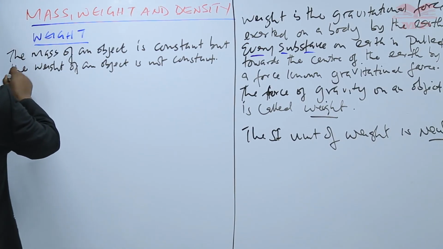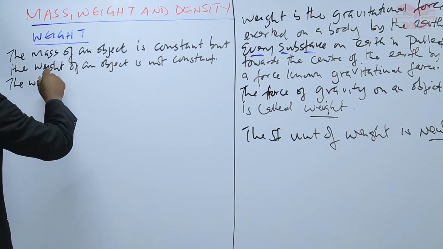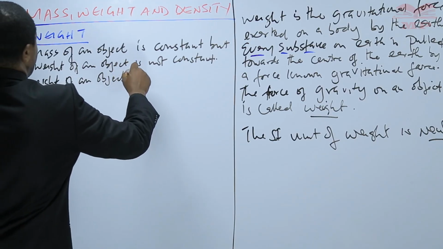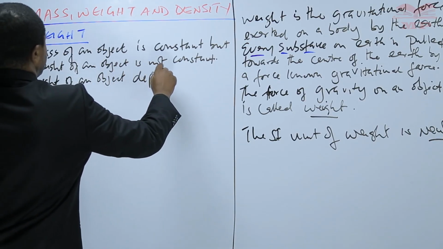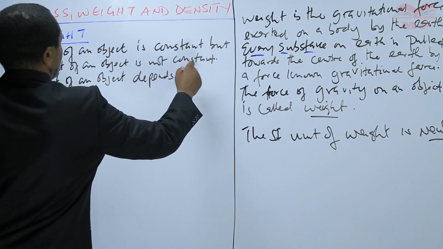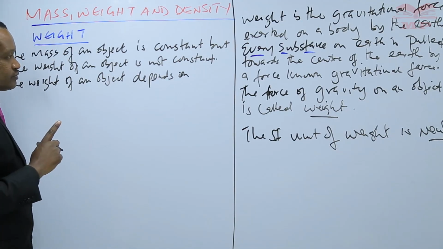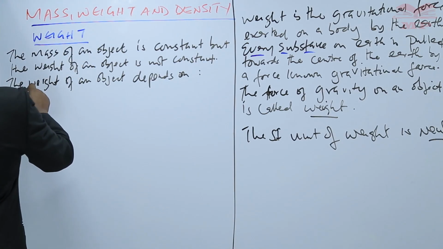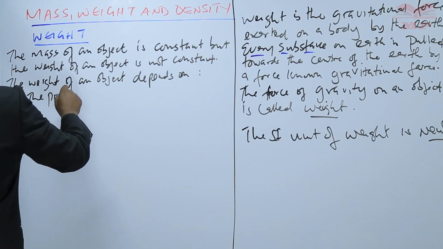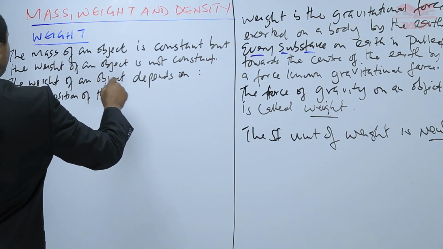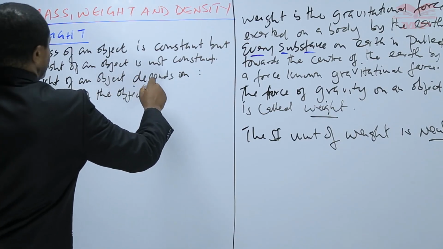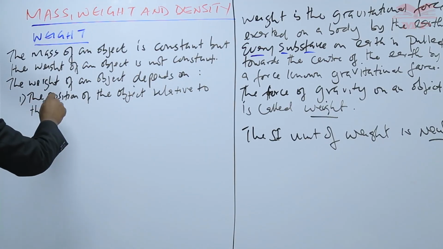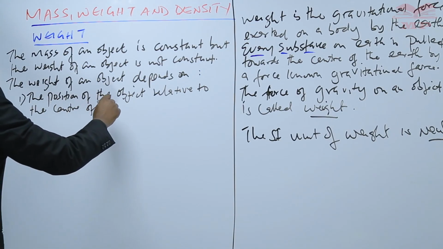Then the weight of an object depends on two things. One, the position of the object relative to the center of the earth.